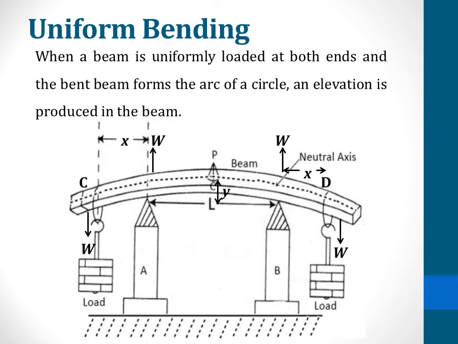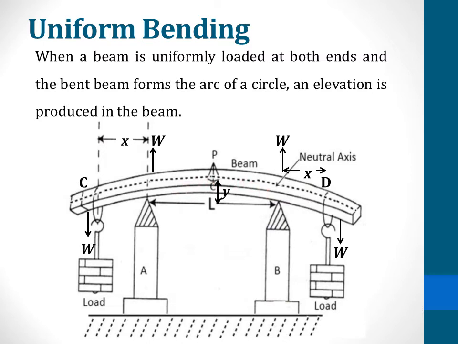Loads W are placed at C as well as at D. Therefore, the distance between the knife edge at A and the loaded end at C is capital X. Similarly, the distance between the knife edge at B and the loaded end at D is small x. Due to the loading, the beam is bent upwards at either end and is said to undergo an elevation small y. The elevation produces the arc of a circle.